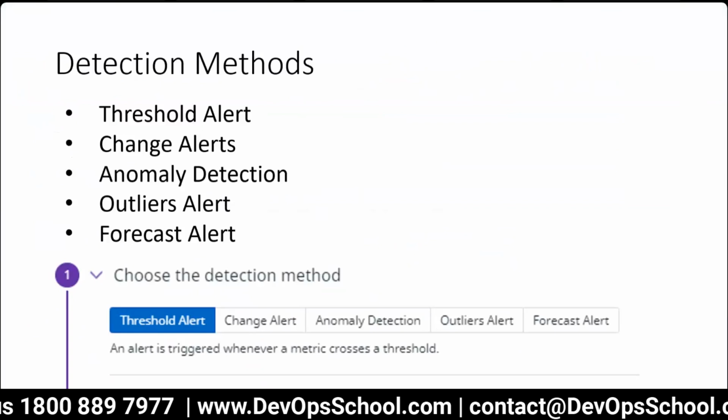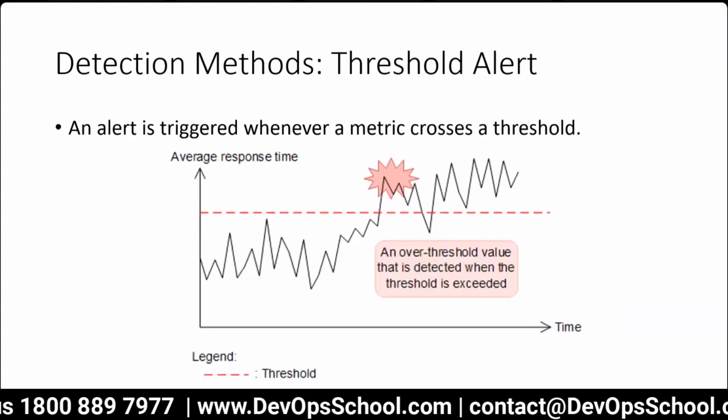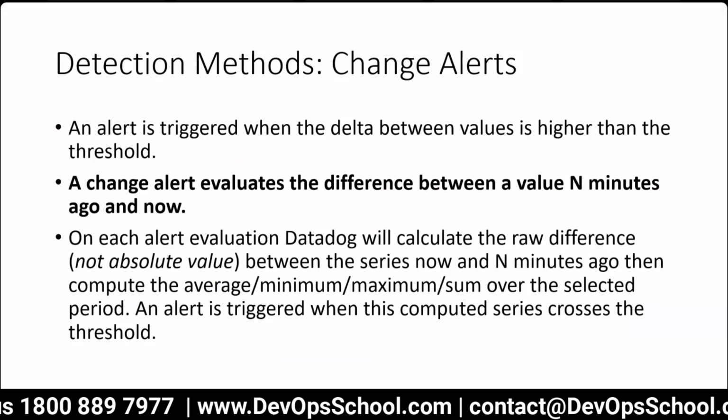But in Datadog, we also have change, anomaly, outlier, forecast. All this is there. So this is the visualization of threshold. You set up a threshold, and if the metric value goes above that, then you may have some pending time and then send an alert for it.